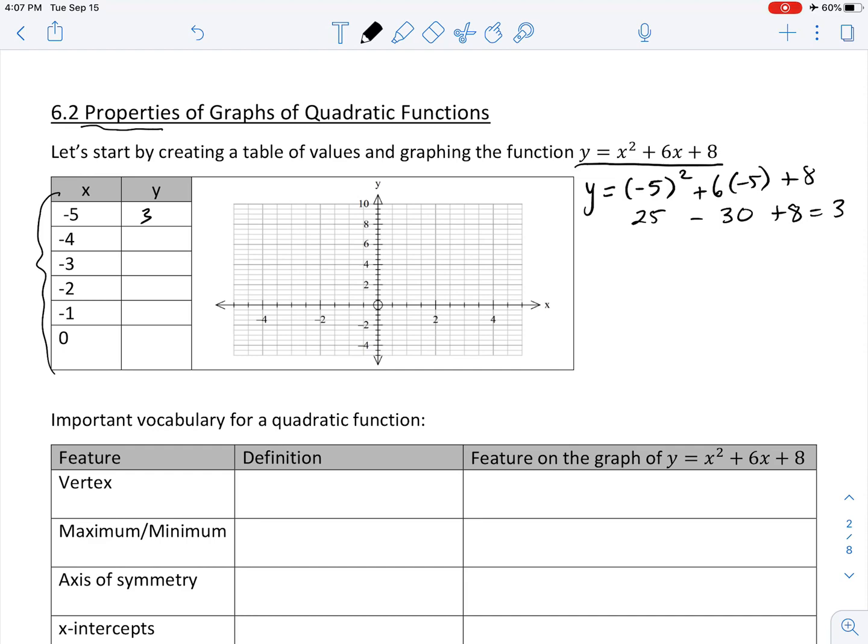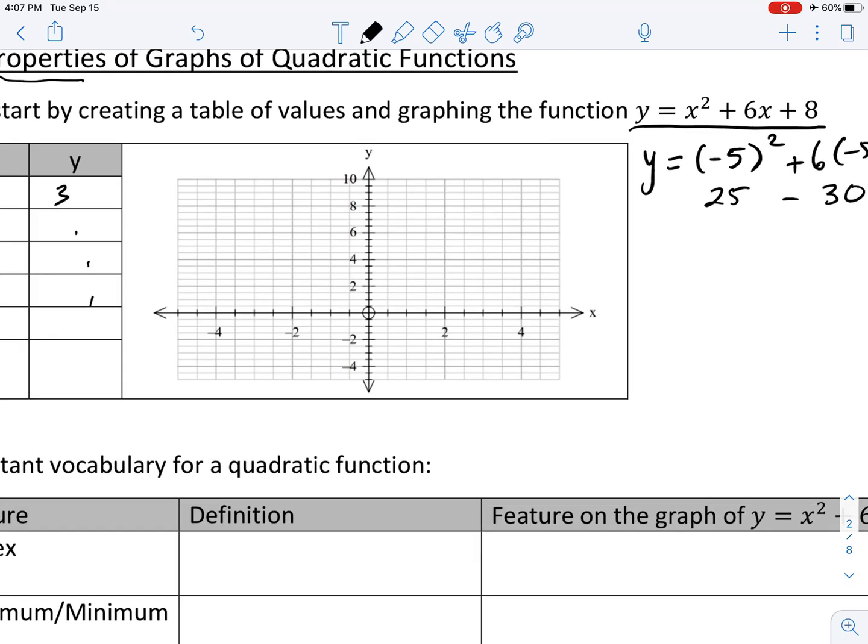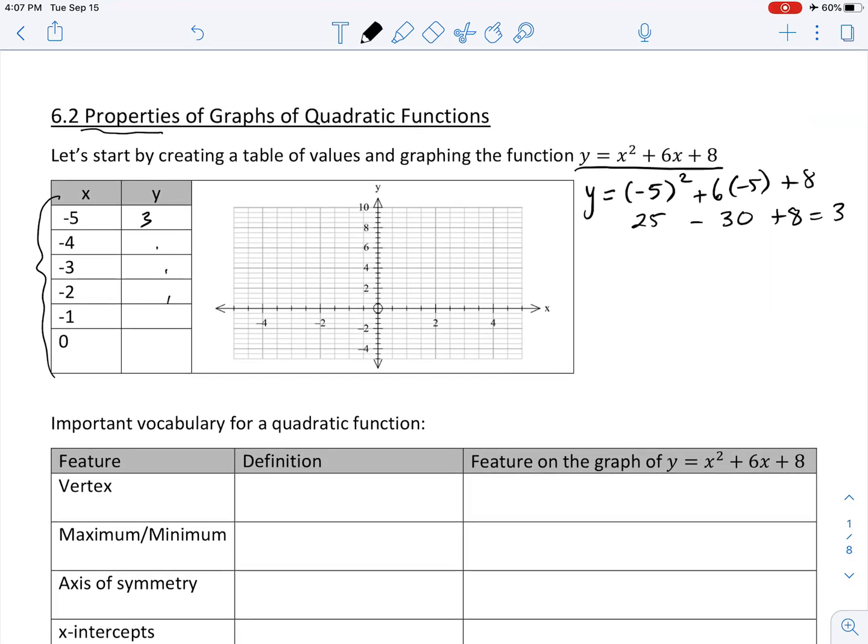So at this point, you might want to pause, test the other values, fill them in here, and then draw a sketch on the grid of this function. All right, so my next one I picked is (-4) squared plus 6 times -4 plus 8, which is 16 minus 24 plus 8, which is 0.